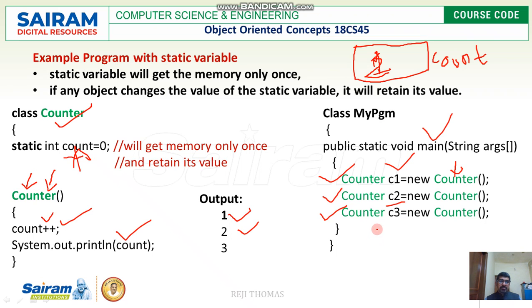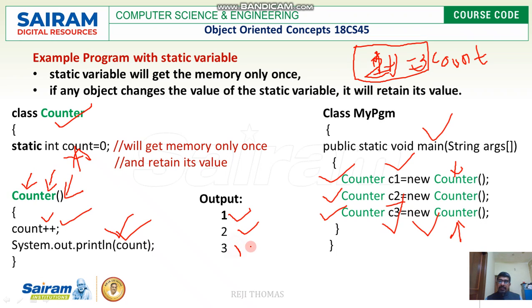So what happened? We are creating an object called C3 with new, and it will come to the constructor, where I'm going to increment the count by 1. So count is going to be previous value plus 1. 2 plus 1 is going to be 3 now. Next I'm going to print the count value.